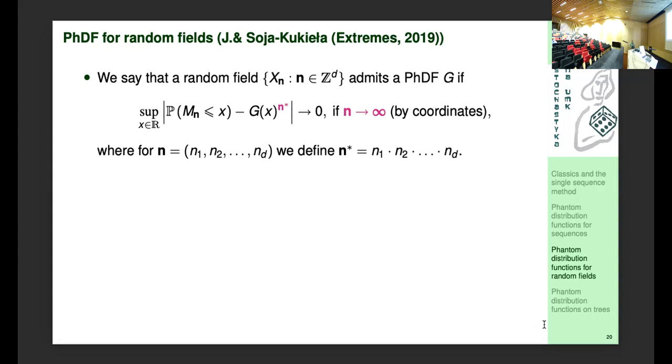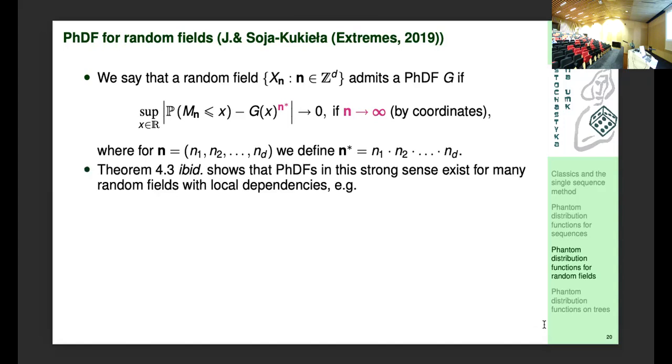Therefore we adapt the general definition to random fields in this natural form. The only notational difficulties are that we have a bold n, which is the d-dimensional vector, and n* appears as the product of coordinates. So it's a natural idea.